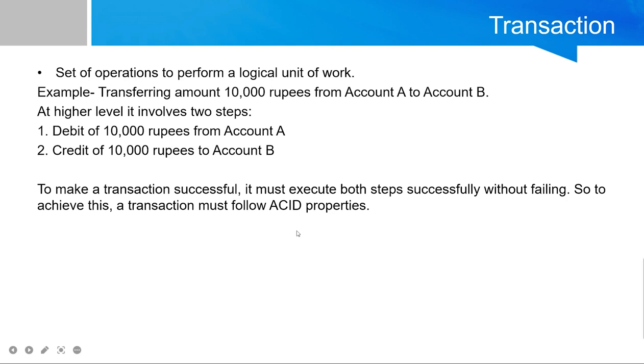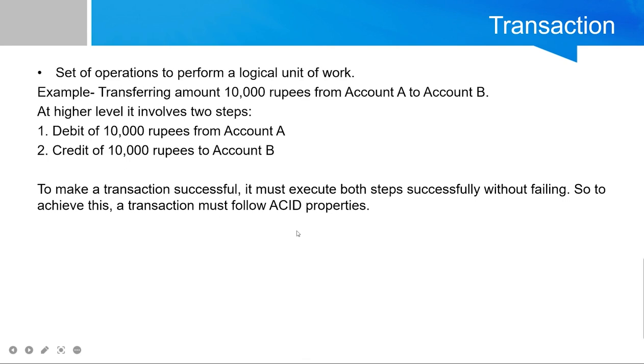Seen this way, there are two operations going on. The first operation is debiting 10,000 rupees from account A, and the second operation is crediting 10,000 to account B. A transaction is said to be successful if it follows all four properties, and these four properties are termed ACID properties.